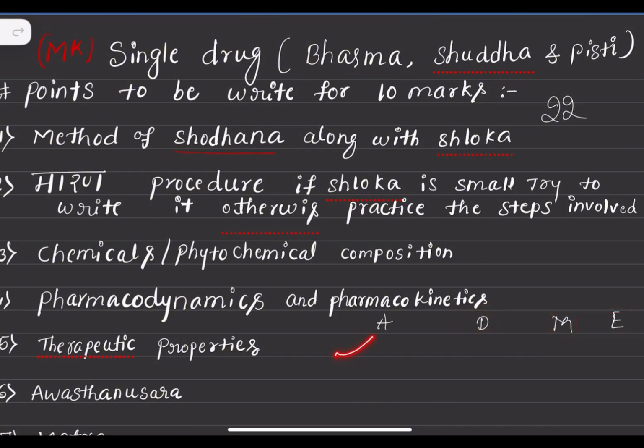How the bhasma is absorbed in our body, how it is distributed stepwise, how it is metabolized into small particles, then how it is excreted from our body. It is almost the same for every bhasma.